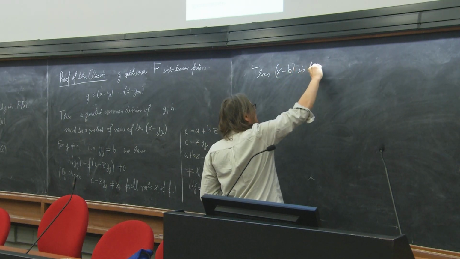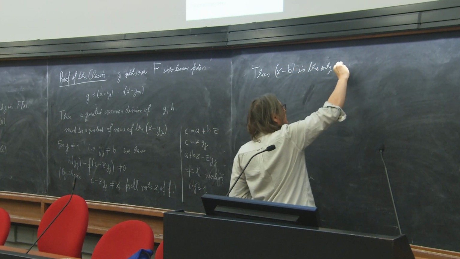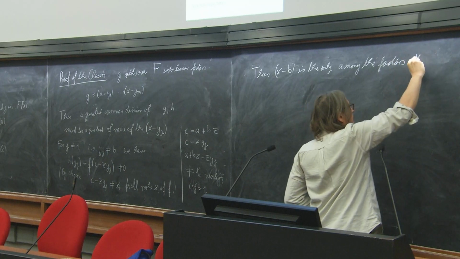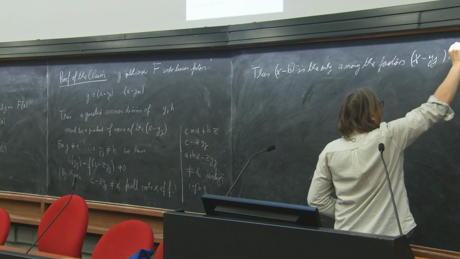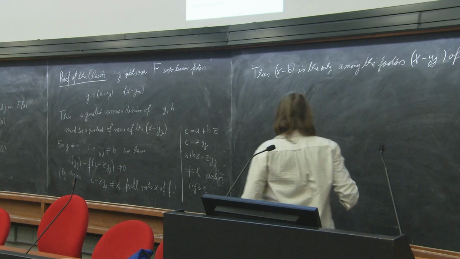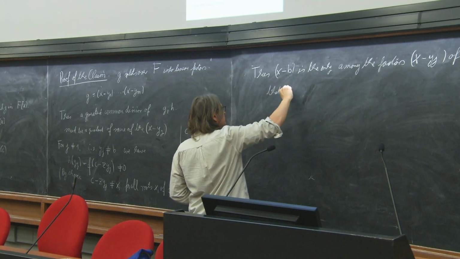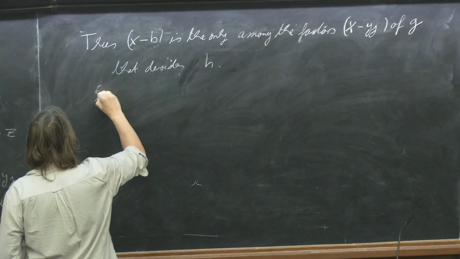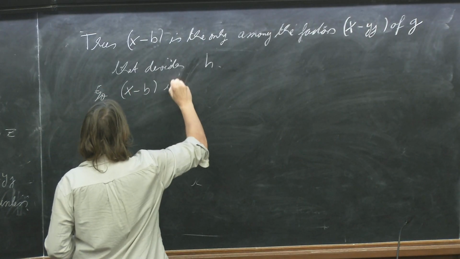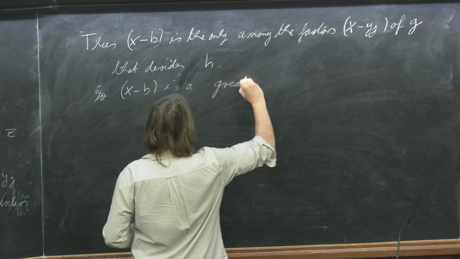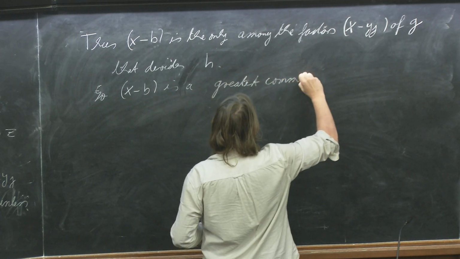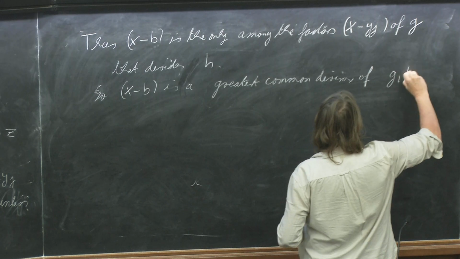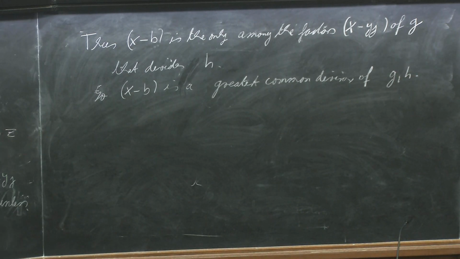Only among the factors x minus yj, that divides. x minus b is a greatest common divisor of G and H. And so the claim is proven, and thus the theorem.